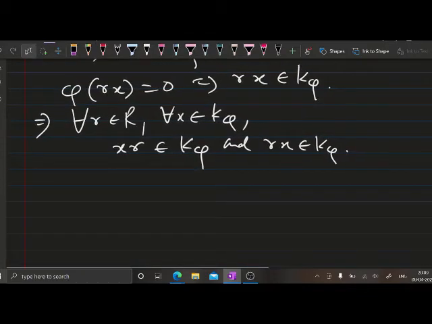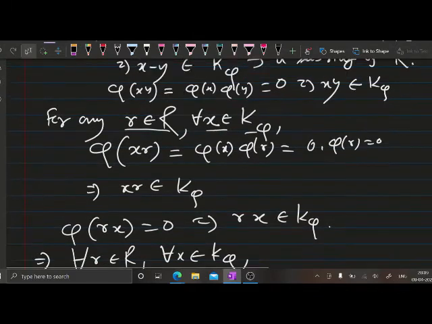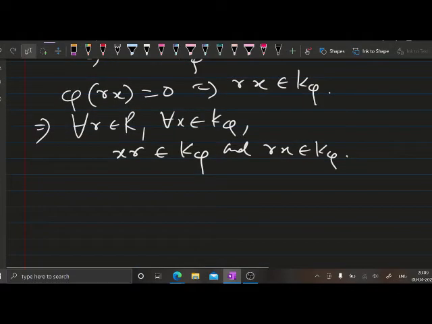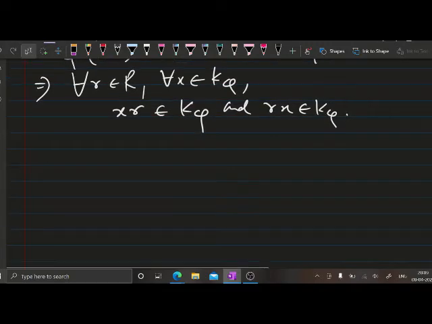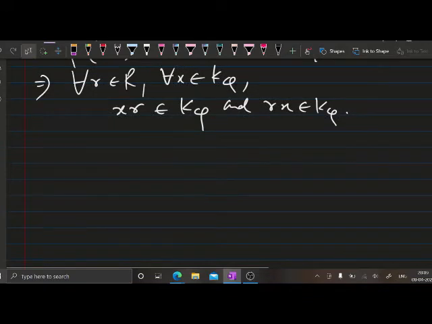This is a property which is very important in the theory of rings, and that will be explored in the next discussion.